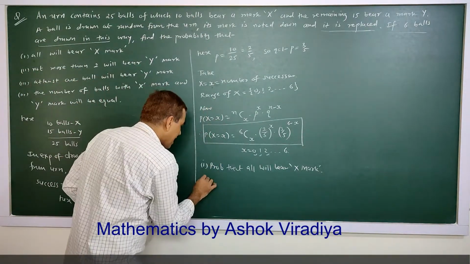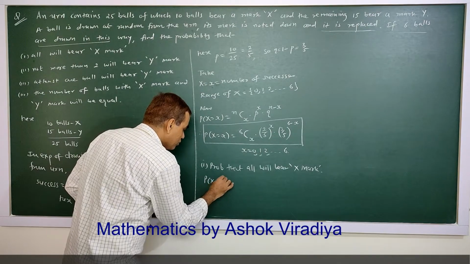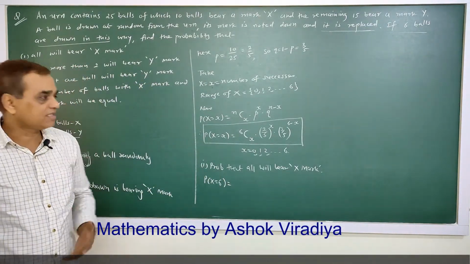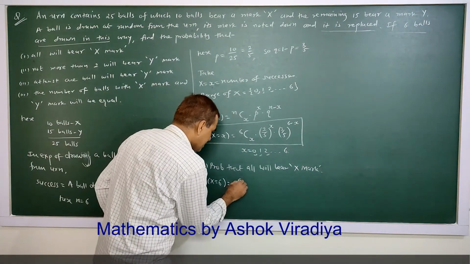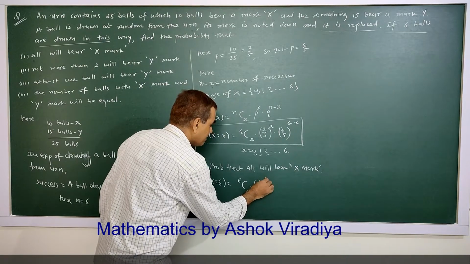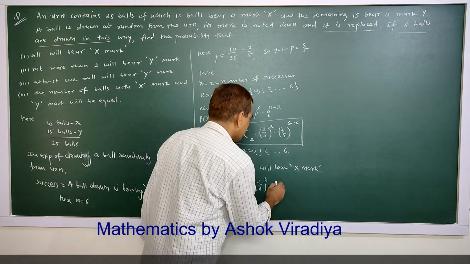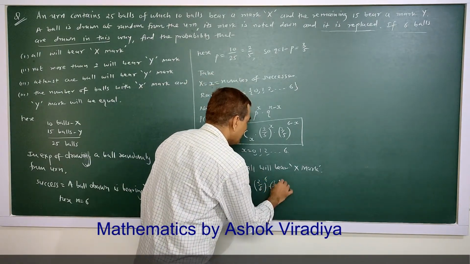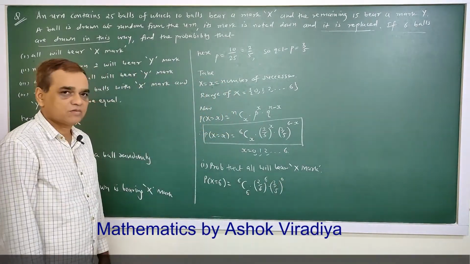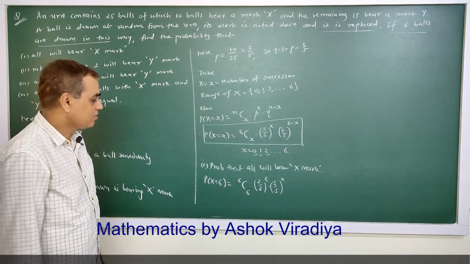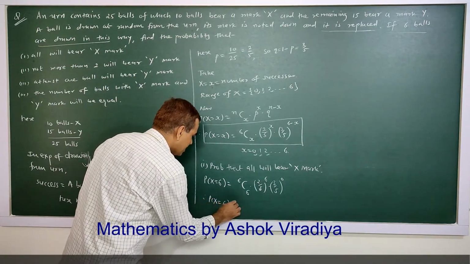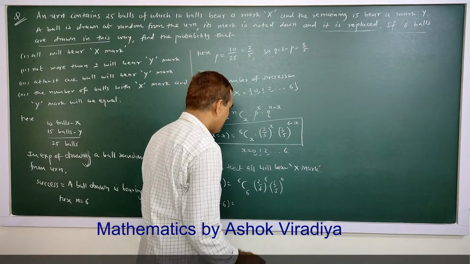So probability that X assumes value 6, the probability of 6 successes, is 6C6 into 2 by 5 raised to 6 into 3 by 5 raised to 0, since 6 minus 6 is 0. 6C6 is 1.